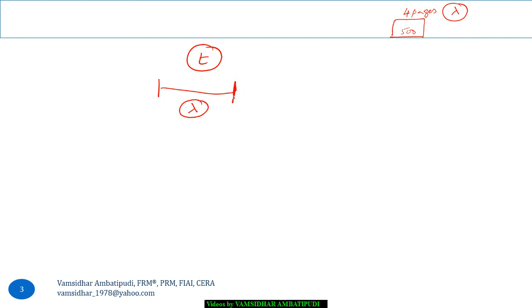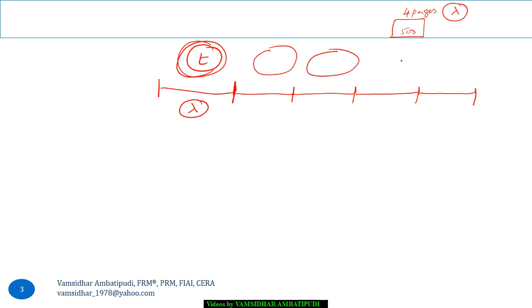But if I am talking about not just one day, but similarly I have 5 days, which is here my time interval, I'm having equal time intervals. So there are 5 different T's.